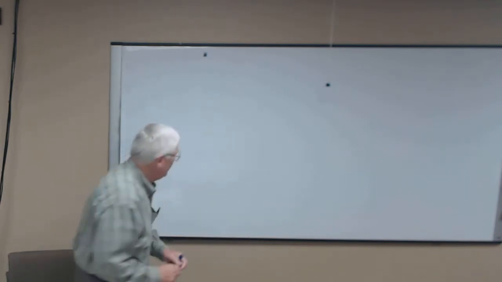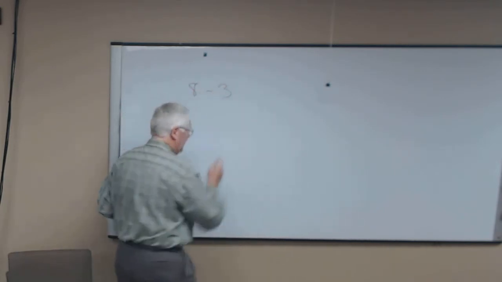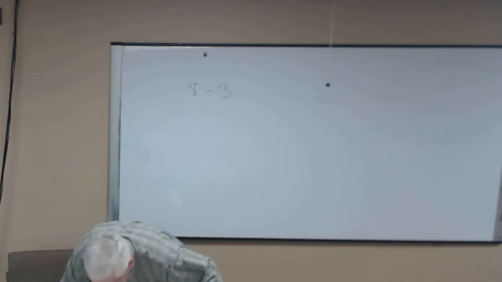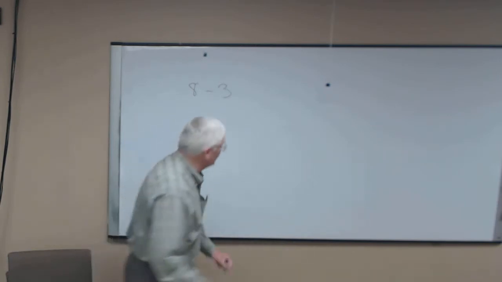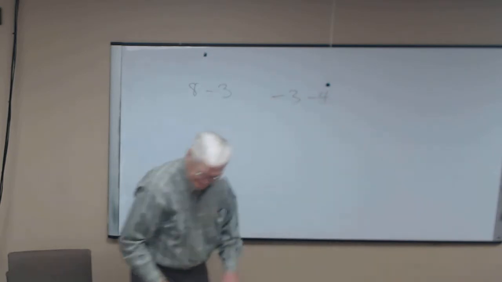That's all it is. Okay, so let's just look at this stuff. 8 minus 3. Number 18. 8 minus 3. What's number 20? Negative 3 minus 4.